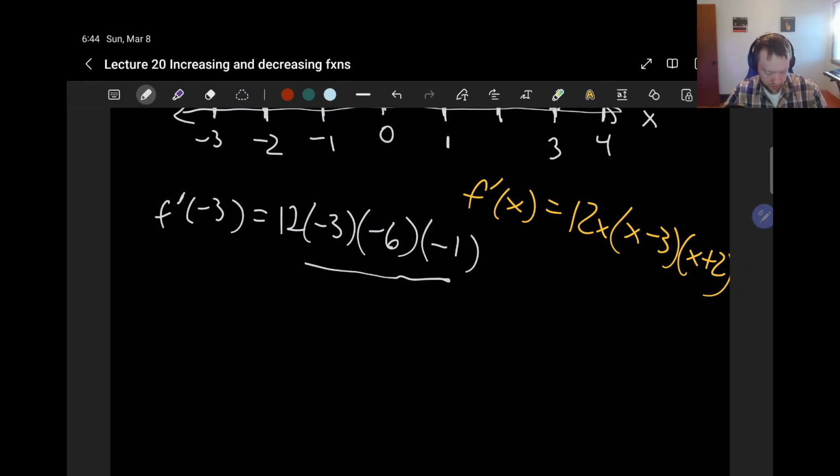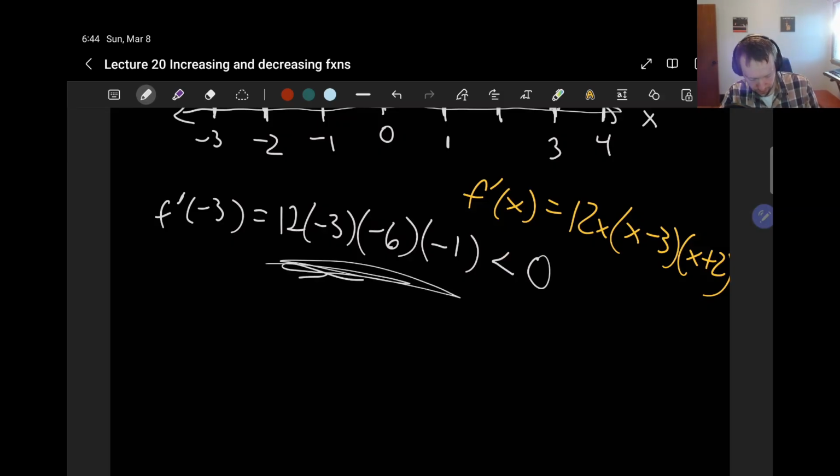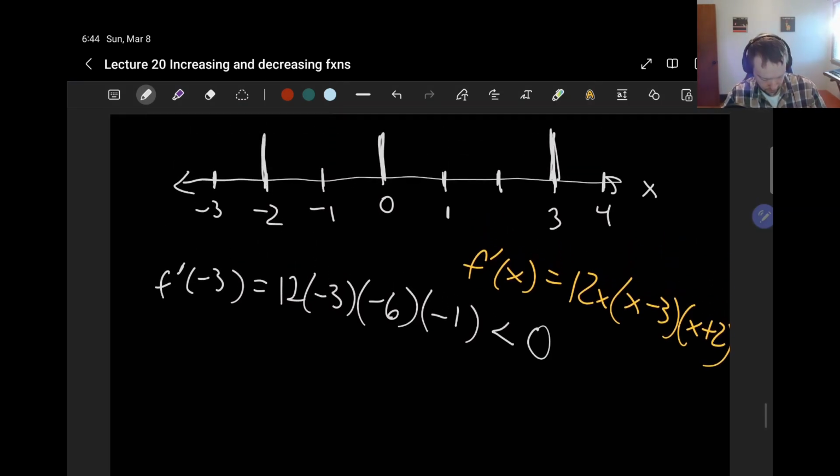Well, the main thing to notice is that I have 3 negatives being multiplied, which results in a negative. Don't worry about finding this particular number, just know that it's a negative. So I'll go ahead and draw a minus here, showing how the derivative behaves.